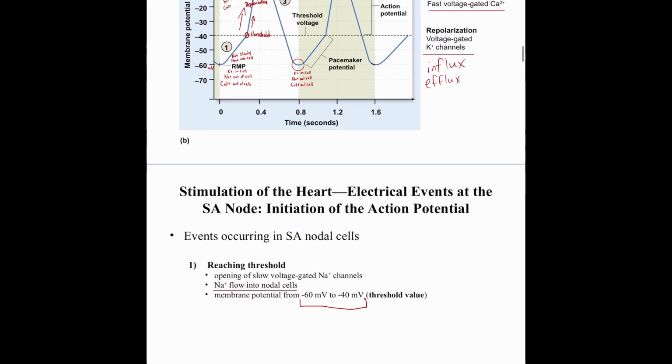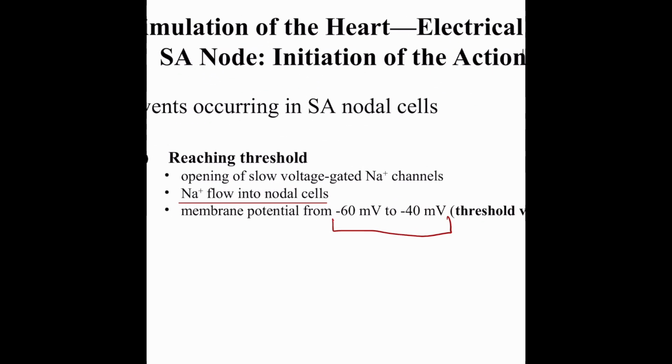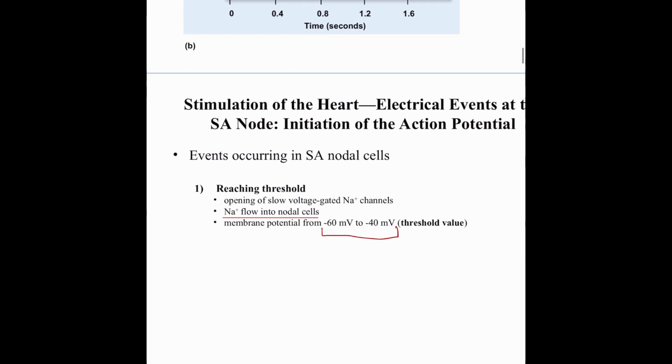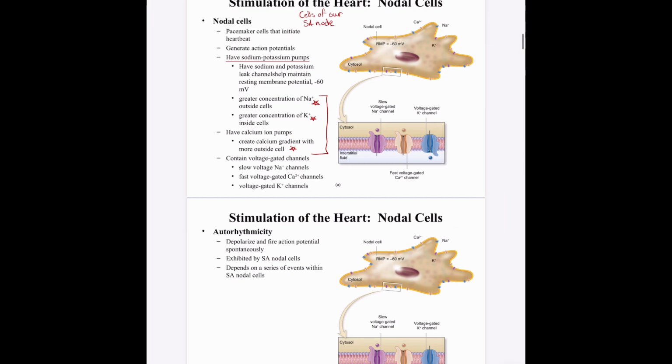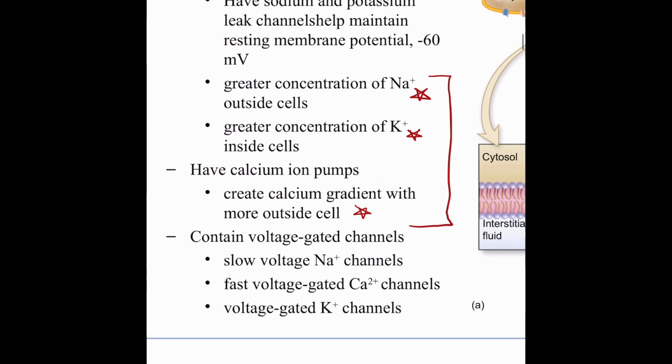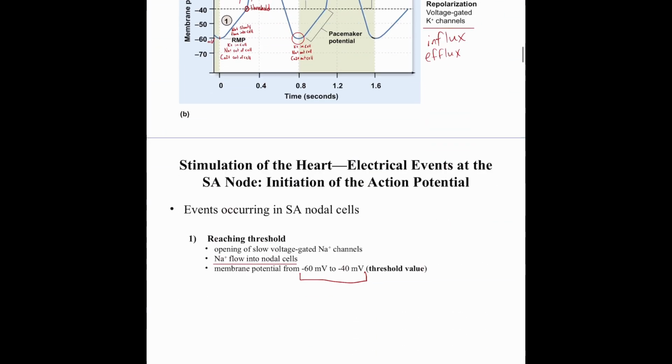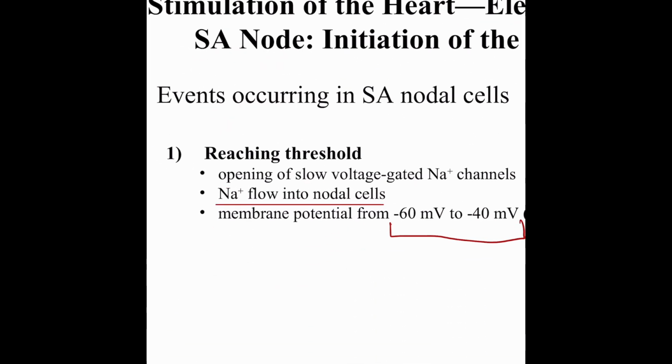So 1, the resting membrane potential at the reaching threshold step. We have sodium flowing into the nodal cell. From what we remember previously, it said slow voltage gated sodium channels in nodal cells. Right? It doesn't say it here, but if you get a question asking sodium flows out of a cell blank, sodium flows into a cell blank, calcium flows into the cell blank, it would be slow for sodium, fast for calcium.